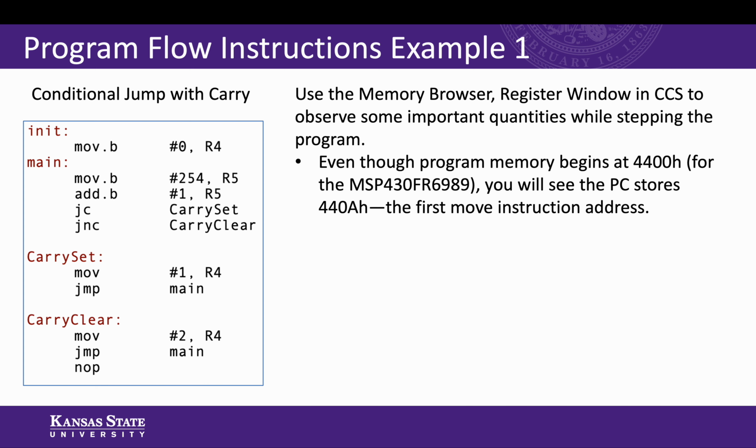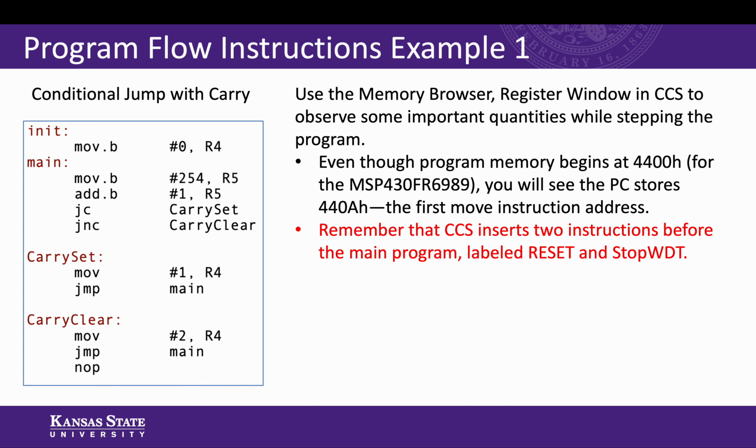The reason is kind of important: CCS inserts two instructions before the main program, labeled reset and stop WDT. There are also some directives, but the directives don't use program memory.